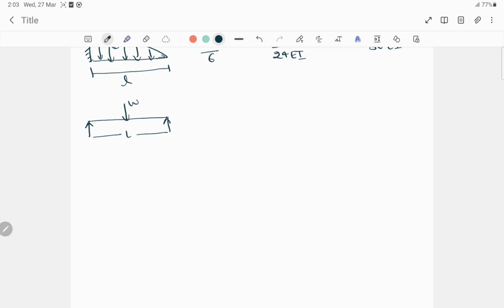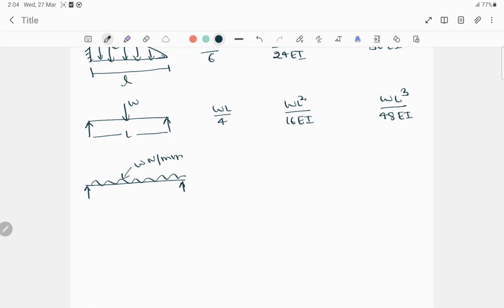For this type of beam, the bending moment will be WL by 4, and the slope will be WL square by 16 EI, and the deflection will be WL cube by 48 EI.